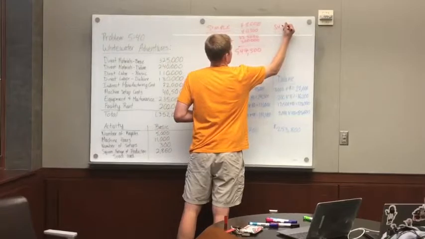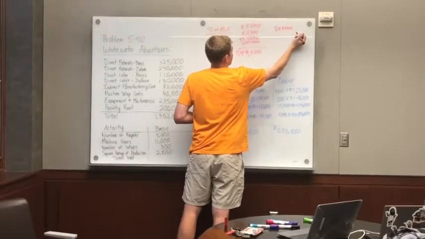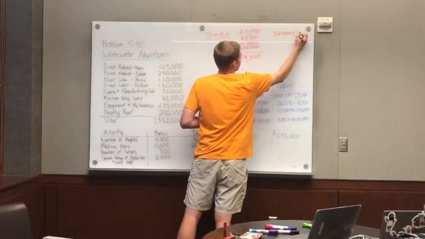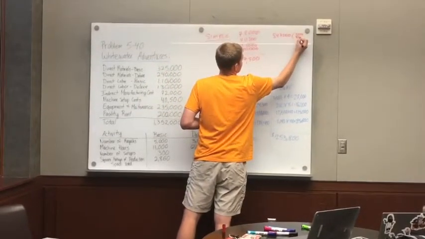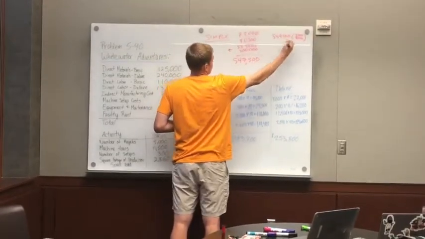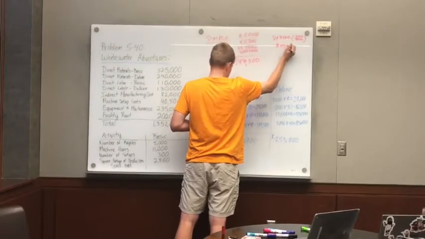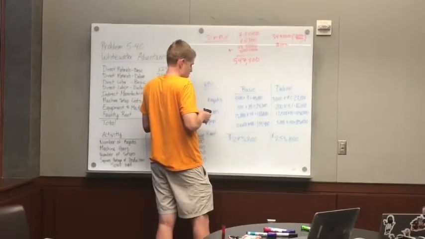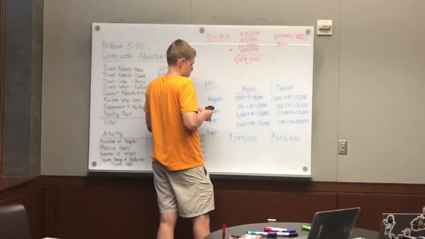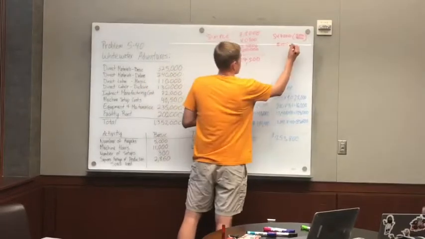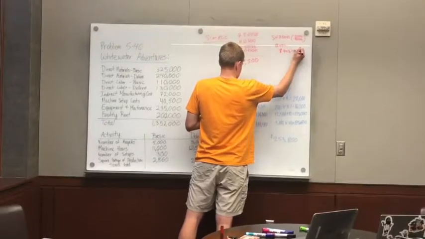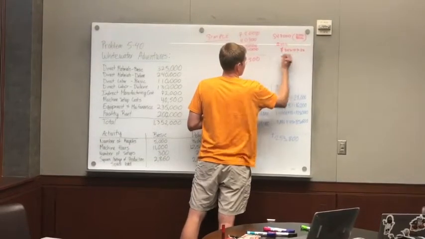So you're going to take the total overhead costs, multiply it by 5,000 over 8,000, and that's going to give you your basic. Since we're multiplying it by the number of kayaks, we're allocating it by the number of kayaks. So basic is going to give you 342,187.50.